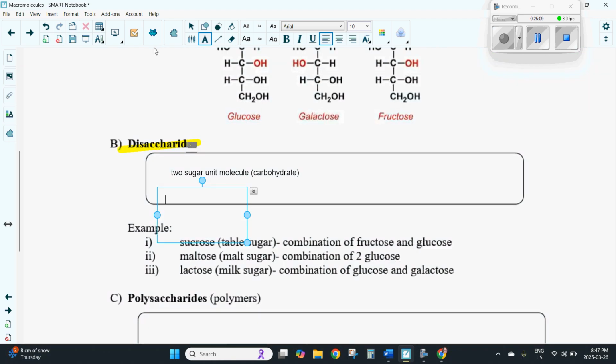The examples that you need to know for disaccharides, and I will only ever ask you to know 3 of them, are sucrose, maltose, and lactose.